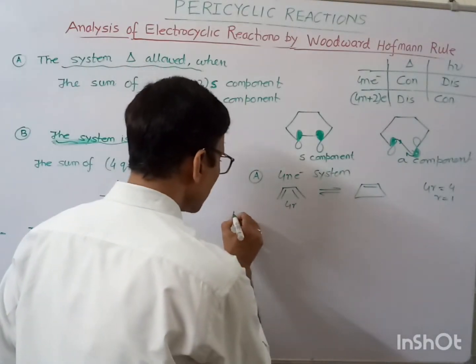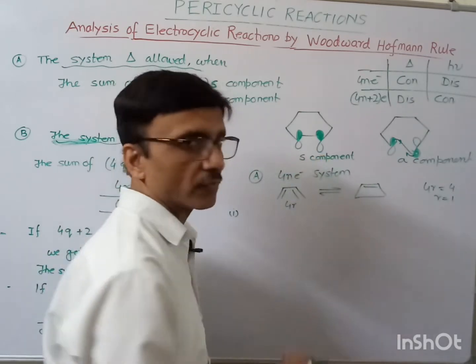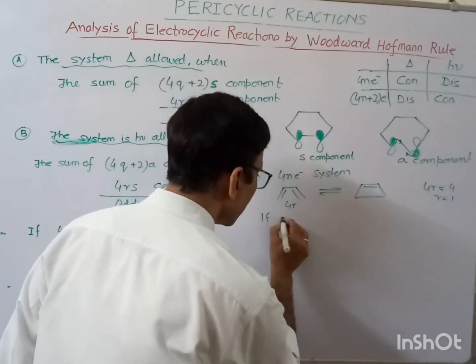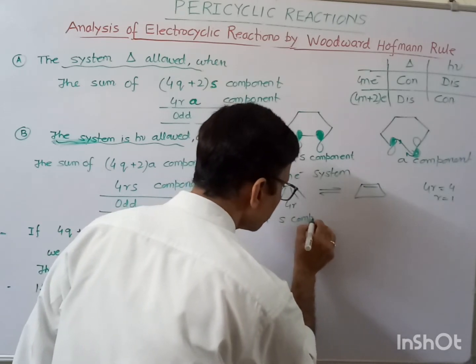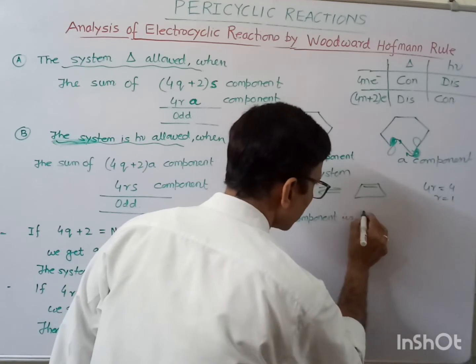Now let's take two cases. First, suppose the S component is involved in bond formation. It means both upper lobes are involved in bond formation.